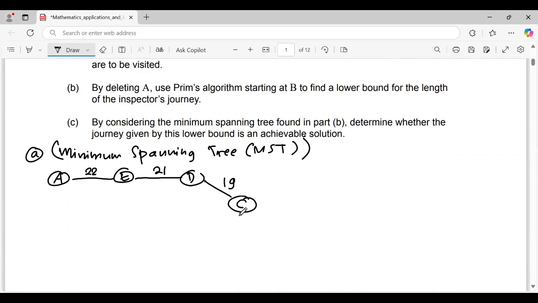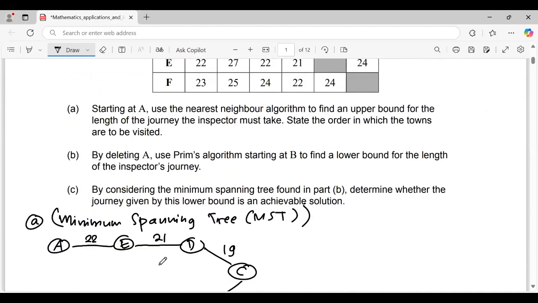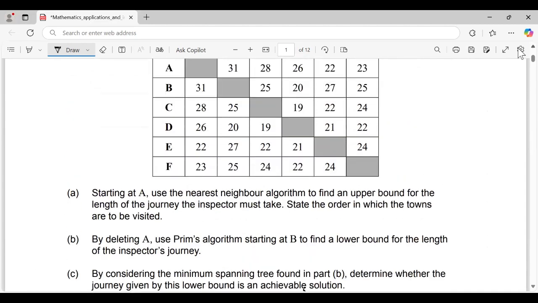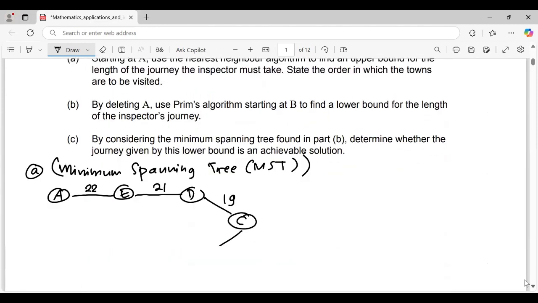Okay. And the next town nearest to C, 19, but just now 19 already here, already visited. C already, D already visited, this one.